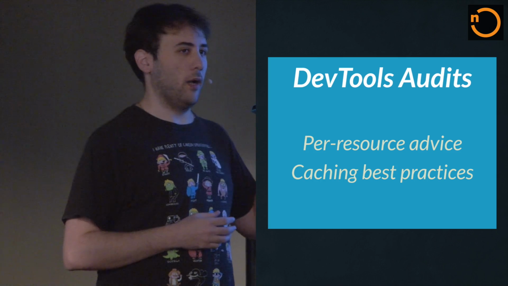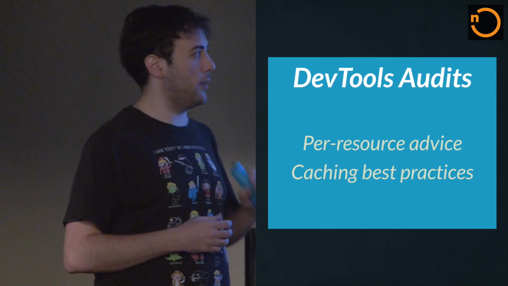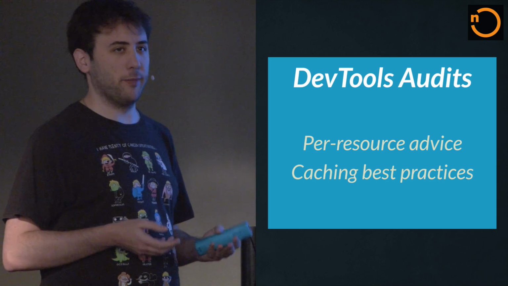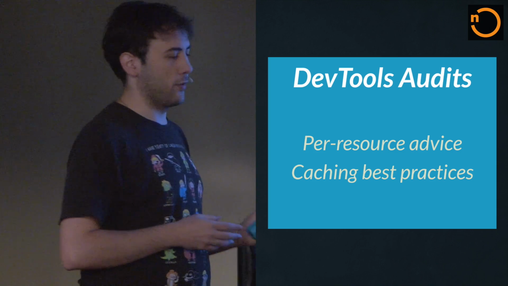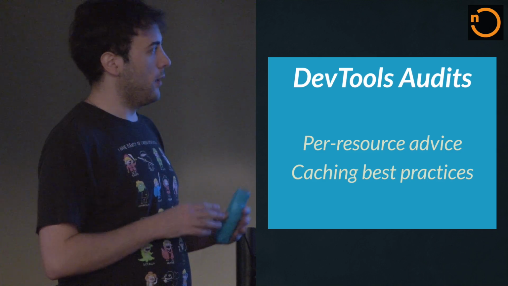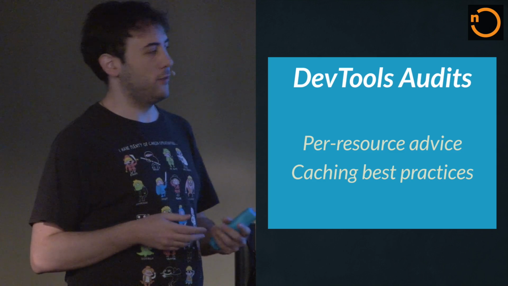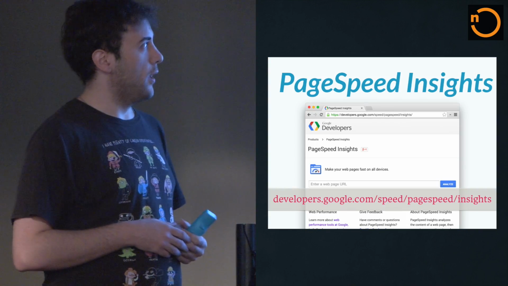You get advice for every resource, and you also get some advice regarding caching best practices, also for every resource, and there is some more general purpose advice too that you should follow.